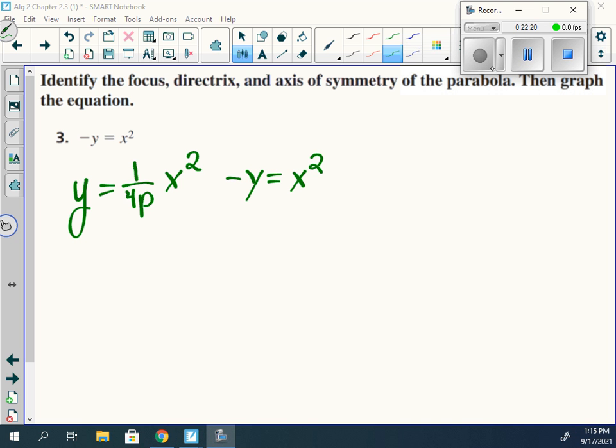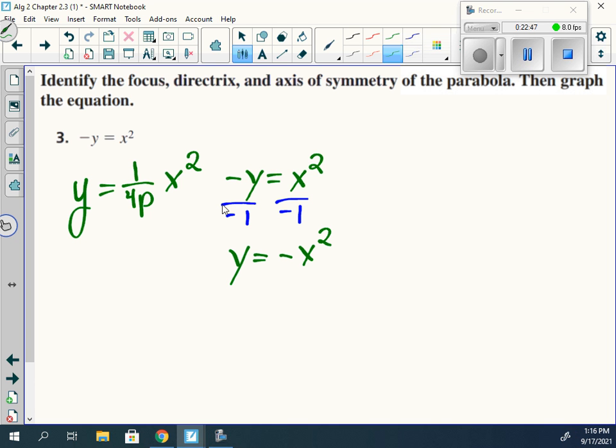Yes? Let's focus back in. So what can we do to this equation, to both sides, to get the y value to be positive? We can divide both sides or multiply both sides by a negative 1. Because negative y divided by negative 1 will be just positive y. And x squared divided by negative 1 would be negative x squared.